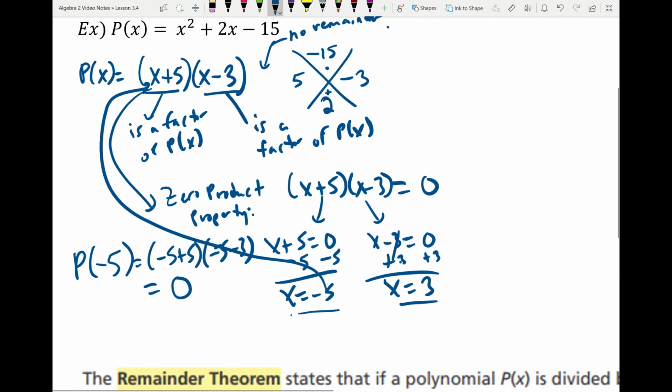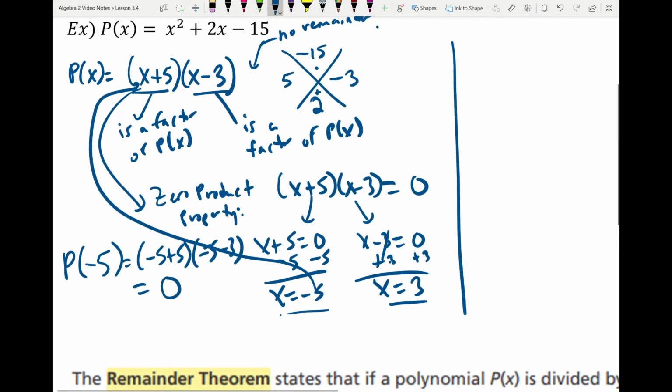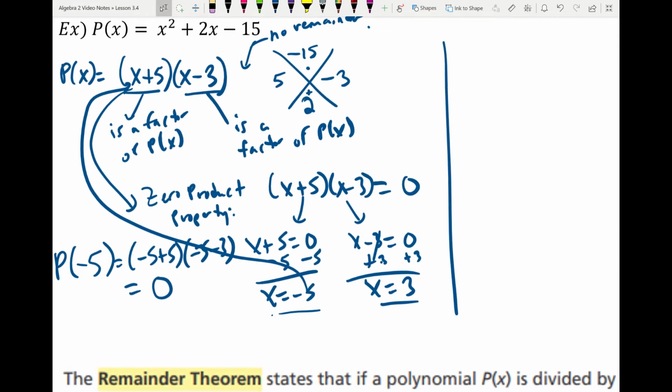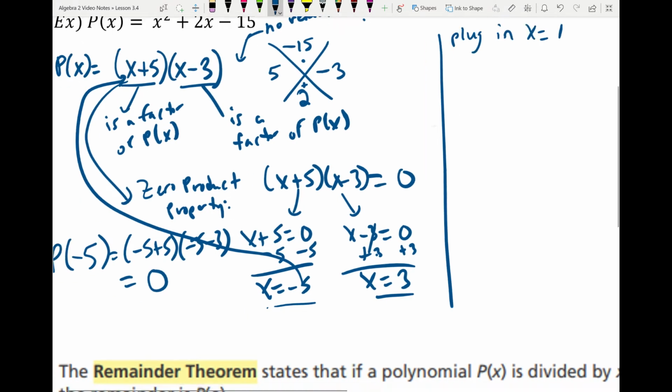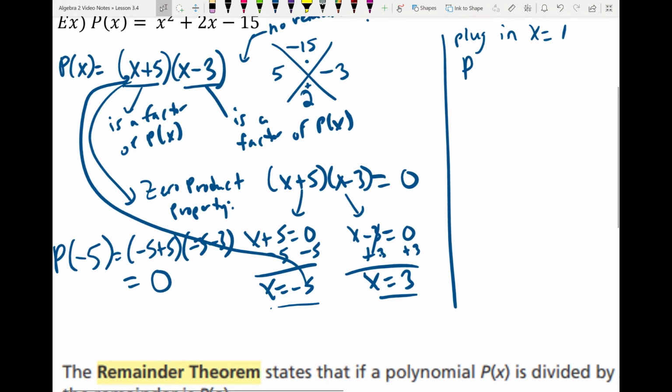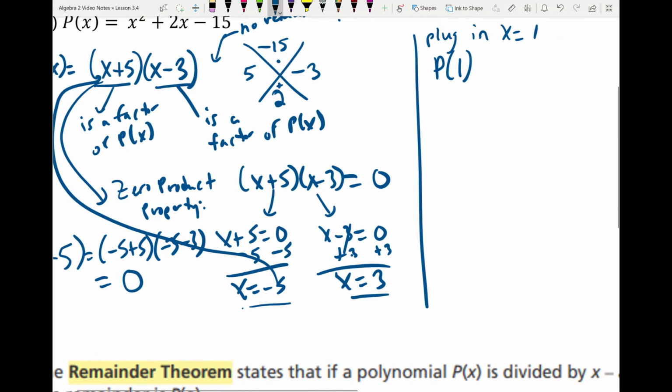Now let's try plugging in x equal to 1. What do we get? We get p of 1 equals, now we're going to plug in here, 1 plus 5 times 1 minus 3.